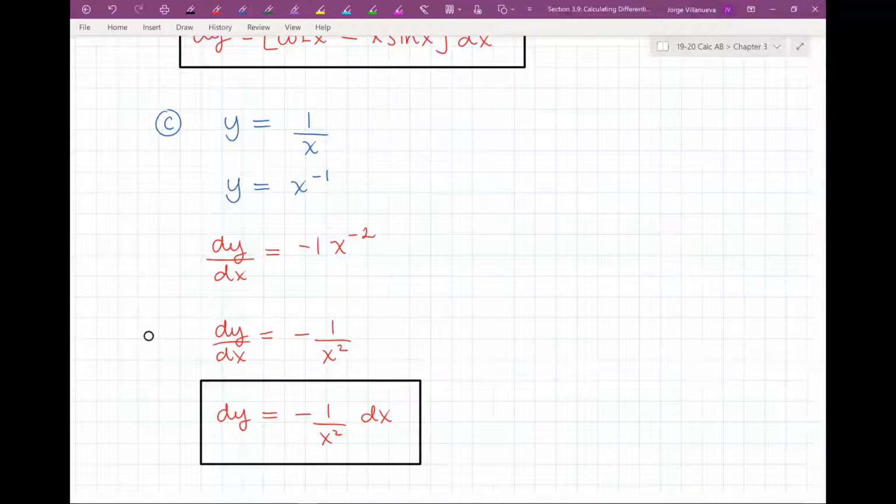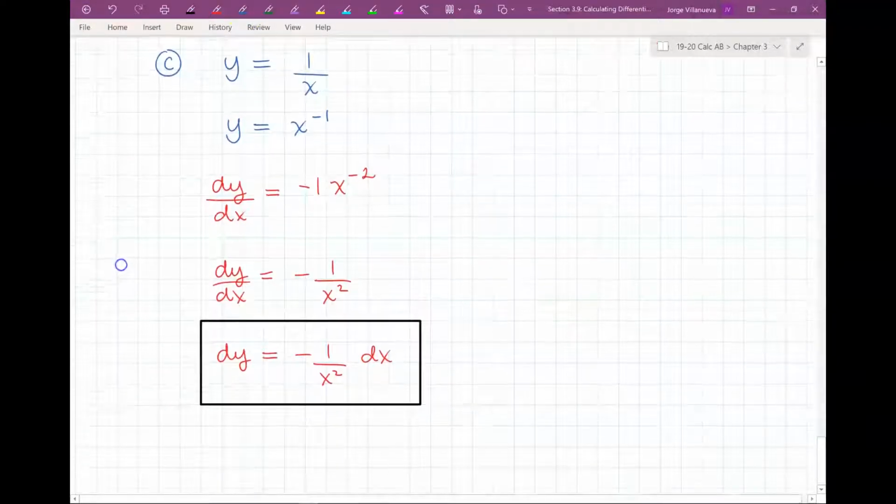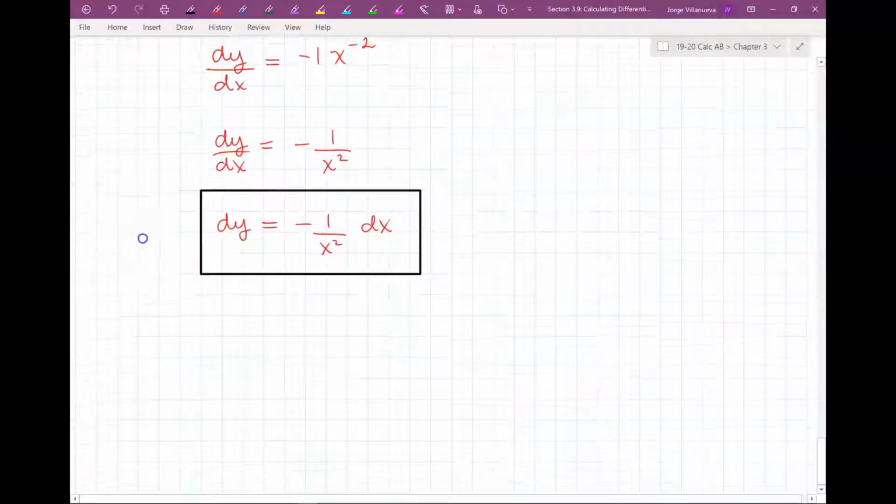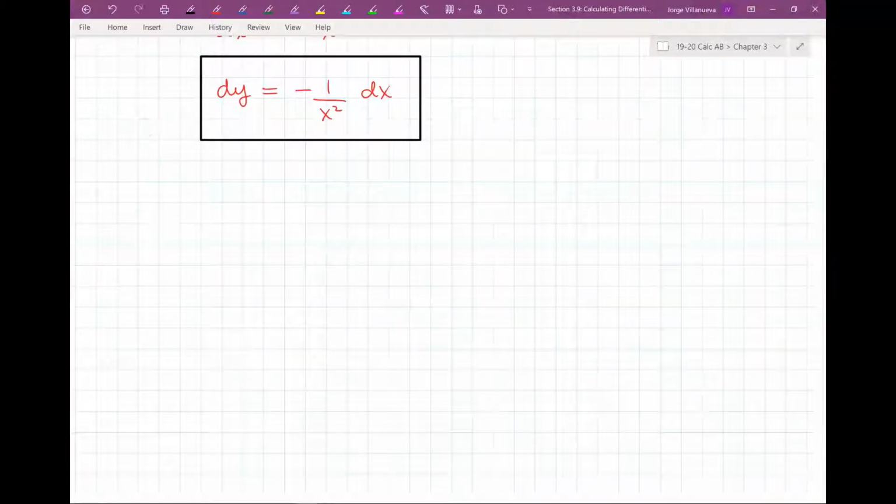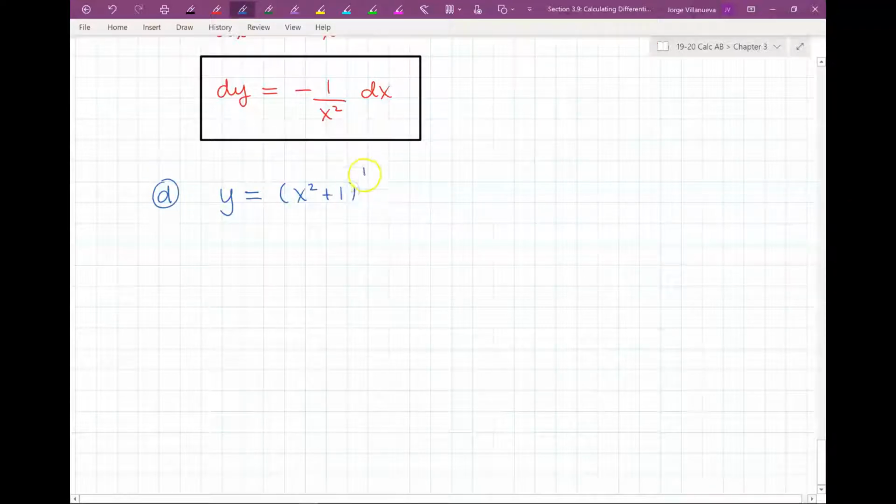All right, so we'll do one more and then I'll let you guys go over the homework and stuff. Let's do one more, maybe something that has a chain rule in it. So part D, we're still going to find the differential of this right here. x squared plus 1 to the half.